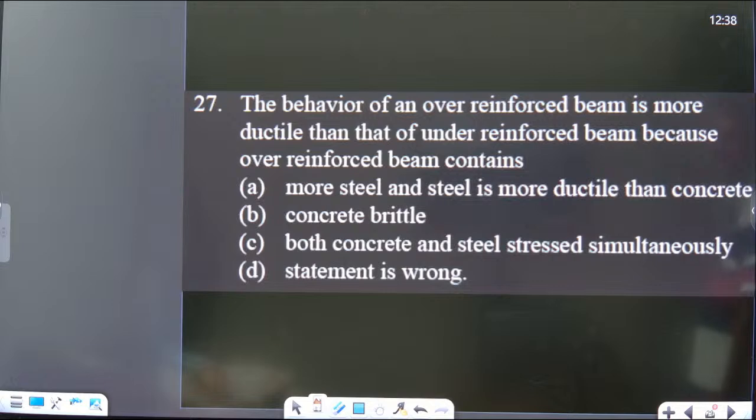Concrete is brittle. Both concrete and steel stretch simultaneously. The statement is wrong.